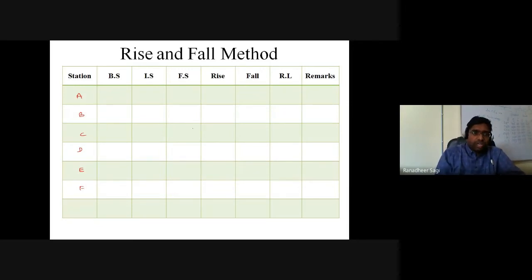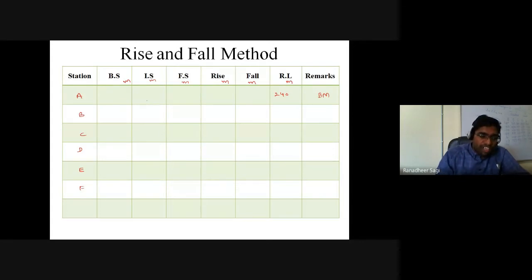Now, the first reading, we know, is taken on the benchmark, and the RL value of that particular benchmark is 240 meters, whatever is given in the problem. So this backside data is in meters, intermediate side data in meters, foresight in meters, rise in meters, fall in meters, RL values are also represented in meters.